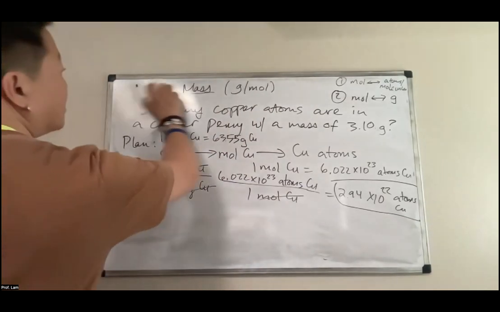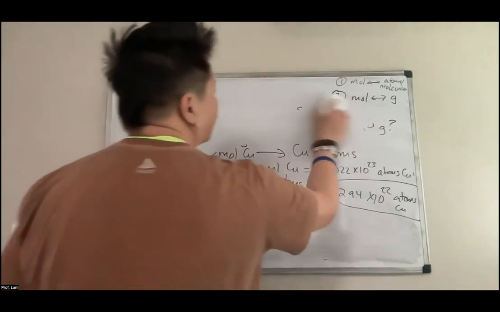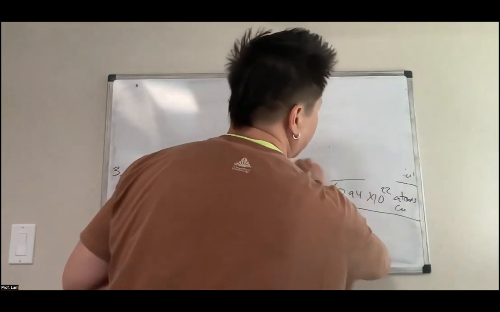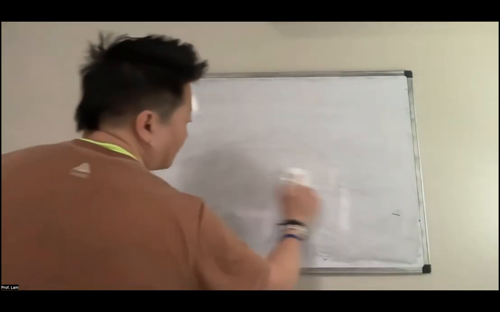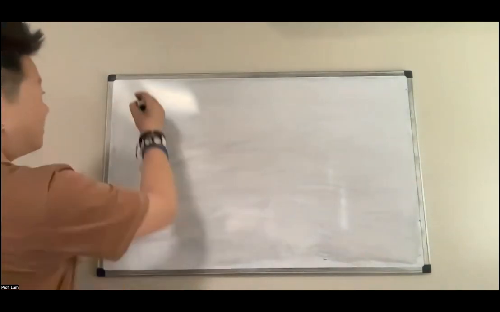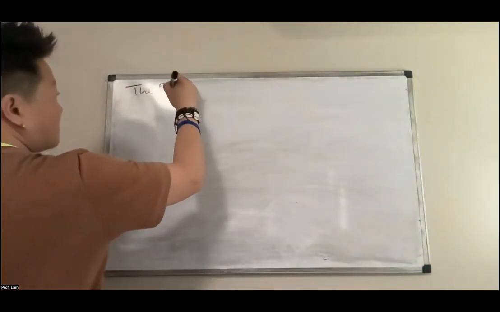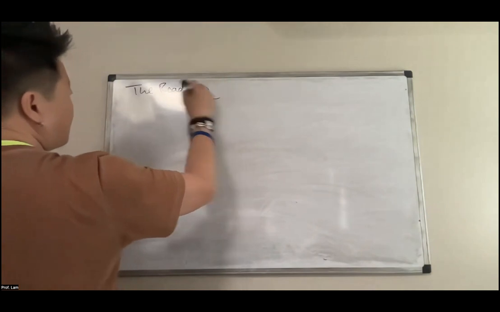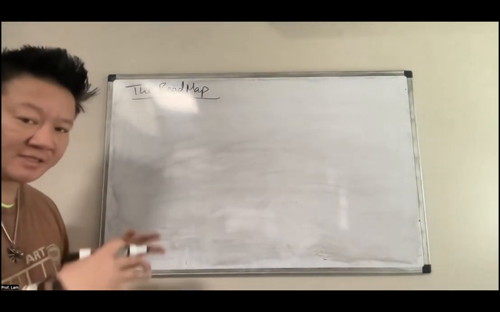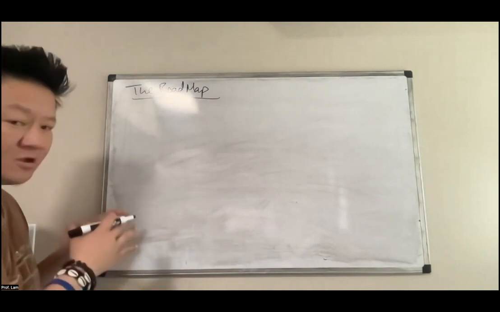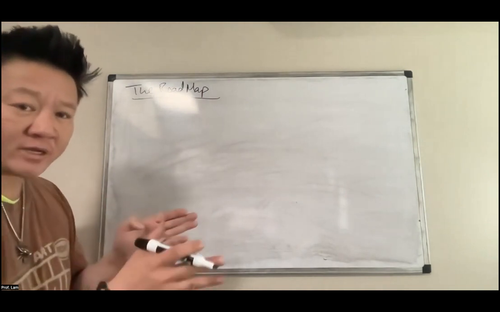So let me show you what the roadmap is. It's a great way for problem solving, right? So it's a map for you to know, where do I start, where do I end, right?